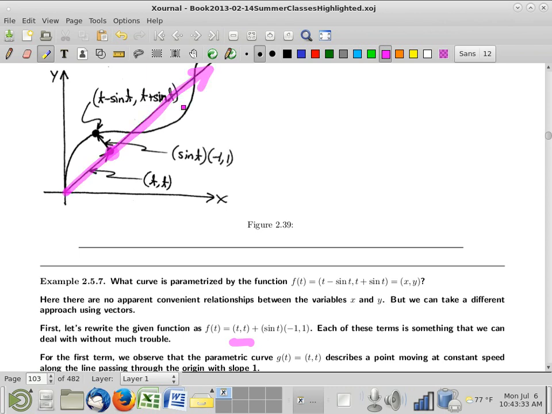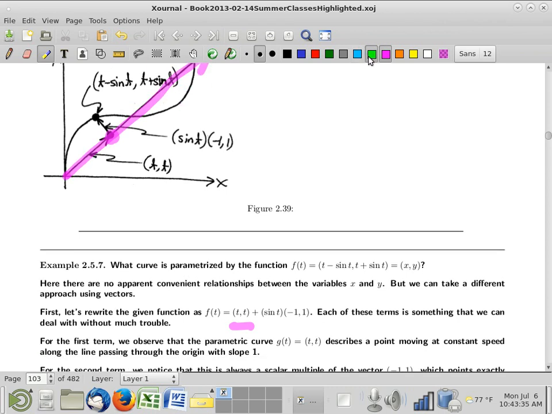moving along like that, and this is always pointing in that -1, 1 direction, but the amount that it is moving in that direction, the amount that that vector points in that direction, is being manipulated. We're multiplying it by sine t. So as time moves along, sure, we're always pointing that way, but sometimes more, sometimes less, sometimes negative, sometimes back to 0, etc. And the amount that we point in that direction is adjusted by sine t.